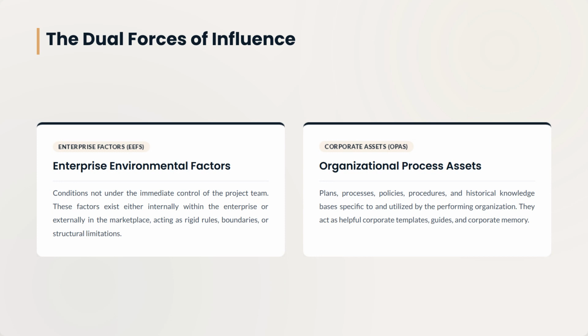They are conditions you do not control, but you must respect. On the right, we have organizational process assets, or OPAs. Think of OPAs as your corporate toolbox. They are resources, templates, and corporate memory created by your organization that you can actively leverage to make your life easier.